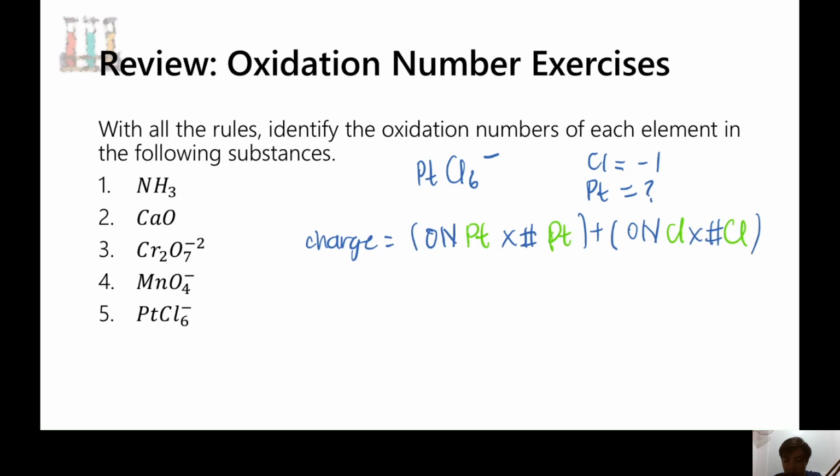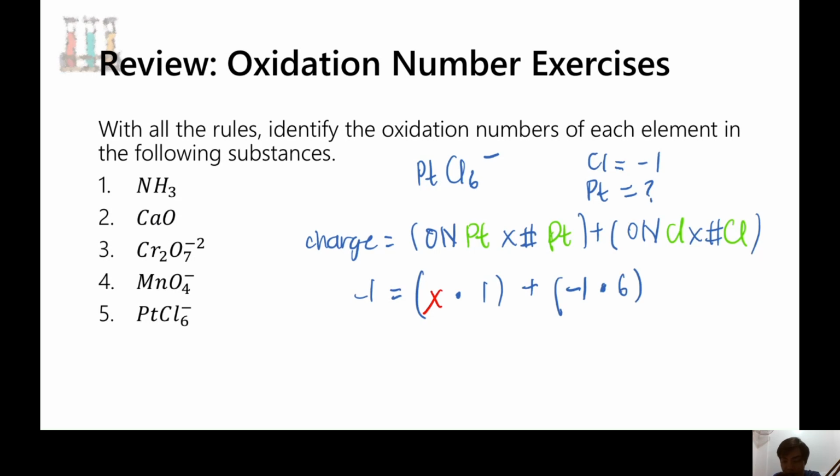Okay, so what is the charge? Looking at this, you have -1 charge. The oxidation number of platinum is, I don't know, so x, times the number of platinum atom, which is 1. Oxidation number of chlorine, sabi natin that's usually -1, times the number of chlorine atoms. So this time we have 6 na.